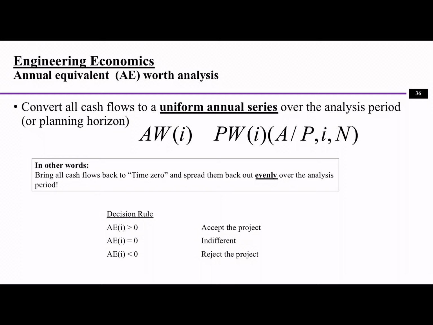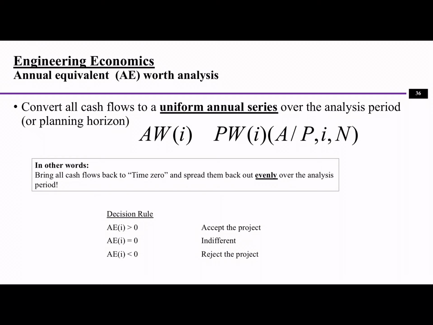All right, so now let's look at some decision criteria here. If the A, or the annual equivalent, is bigger than 0, it means we're actually generating more money.